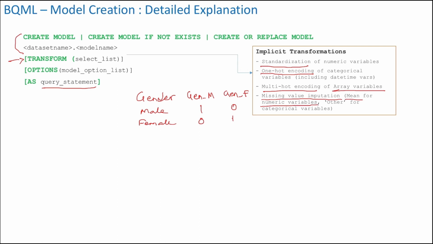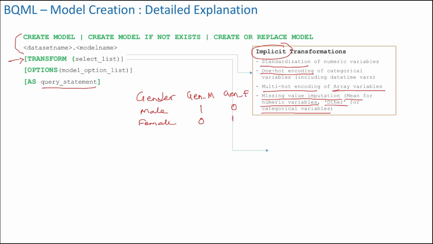It replaces the missing values with the mean of that variable or that feature. And for categorical variables where the values are missing, it will put them in a new category, let's say other, for the sake of simplicity. All right, so these are the set of implicit transformations that BigQuery machine learning does by itself.